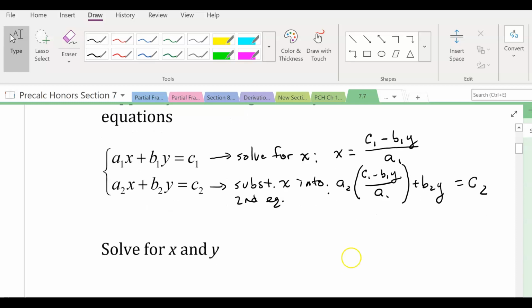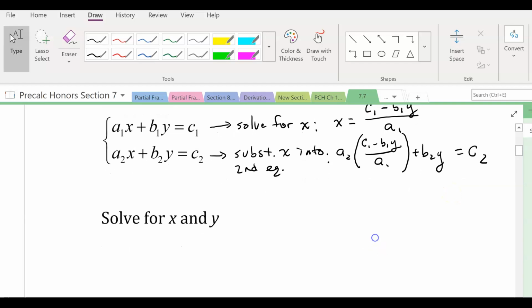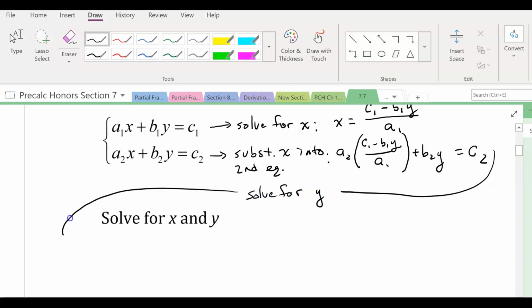Now we're going to solve the second equation here for y, because this equation only has one variable. So let's go ahead and solve for y.